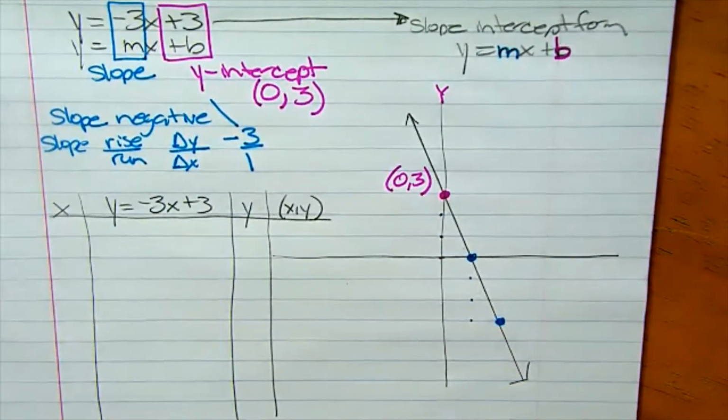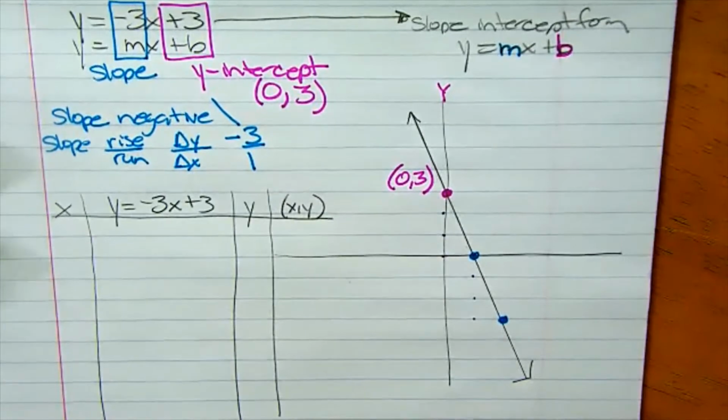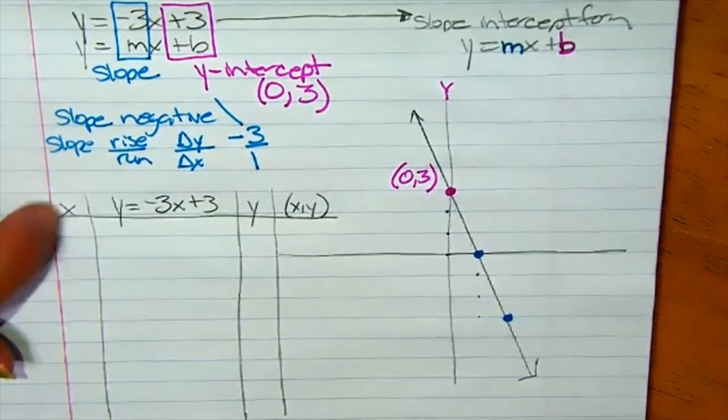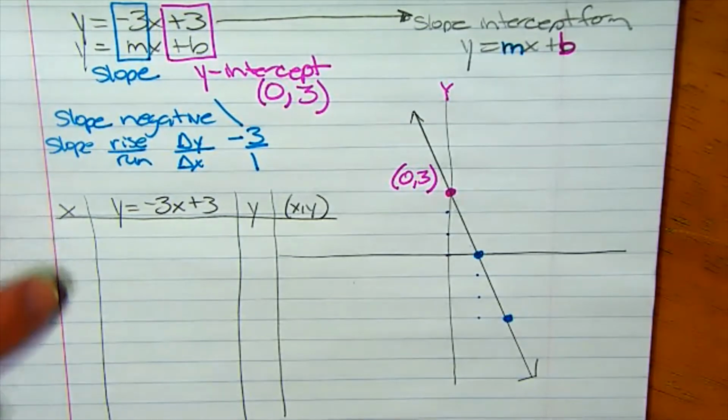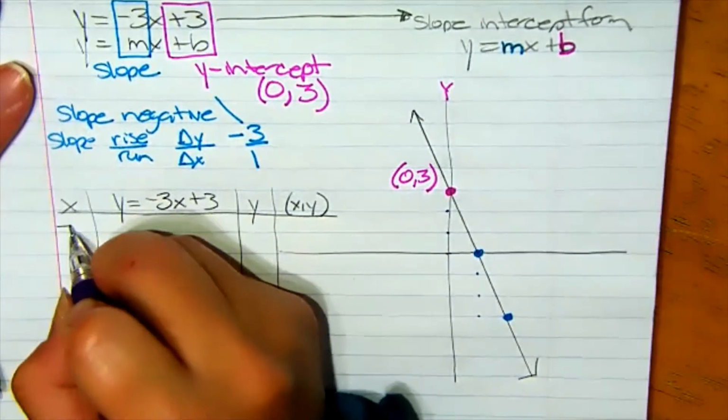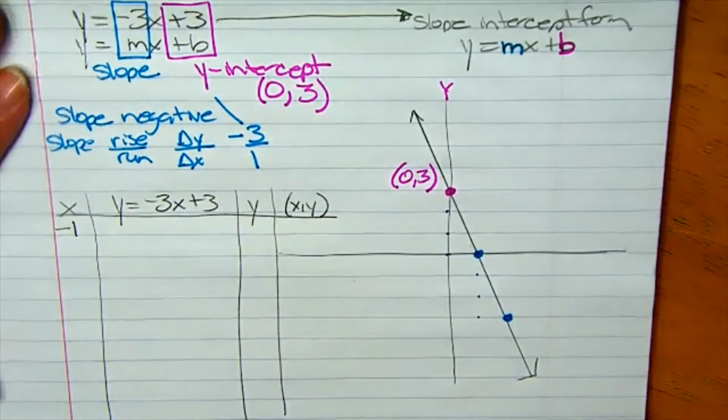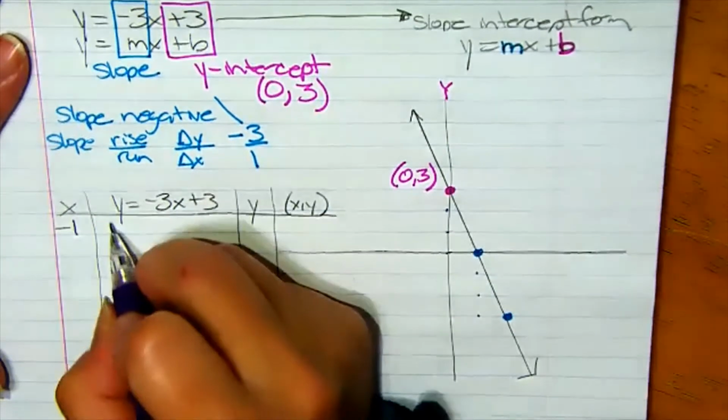So I get to choose my x's. And since there's not a fraction, I'm going to pick the easiest numbers I can to work with. So I need a negative, a 0, and a positive. I'm going to start with negative 1. So x is negative 1.